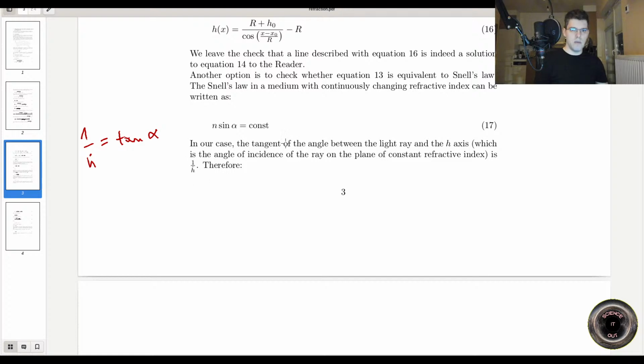We can see that this is true because if we are on a flat earth, then those layers are all parallel to the x-axis.